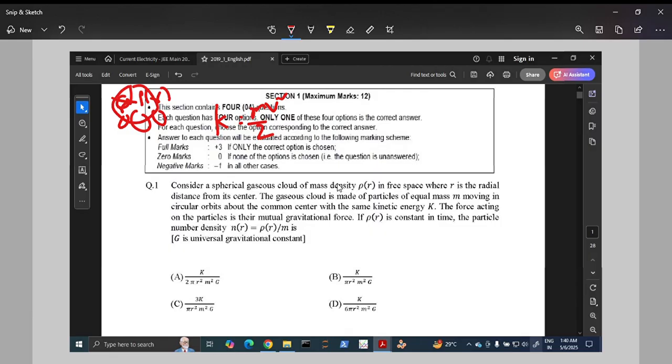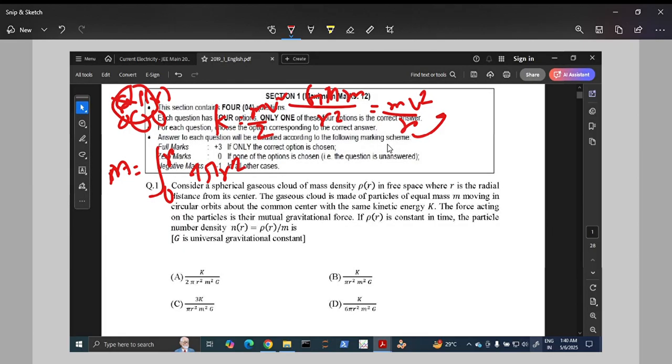So balanced condition: G M m by r squared is equal to m v squared by r. This is the centrifugal force and this is the gravitational force. And this capital M is the mass of the gaseous cloud within radius 0 to r. So M is equal to the integral from 0 to r of 4 pi r prime squared rho(r prime) dr prime.